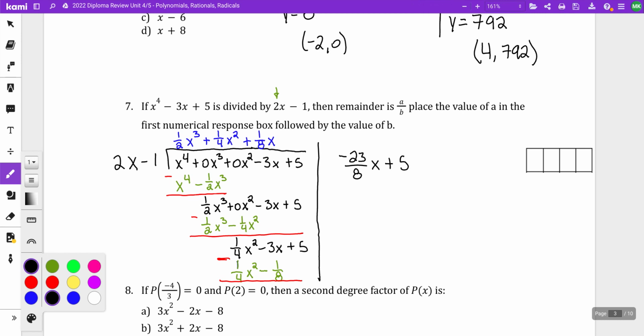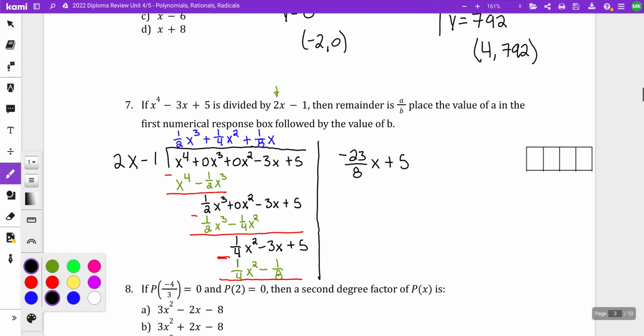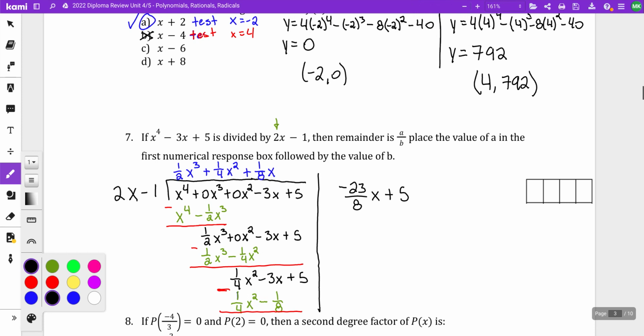If you're unsure of how to do that and you want to make those things equal each other, I'm going to do it in the top left-hand corner. You want 2 times something to become negative 23/8.